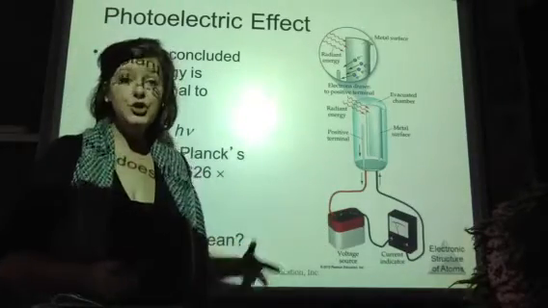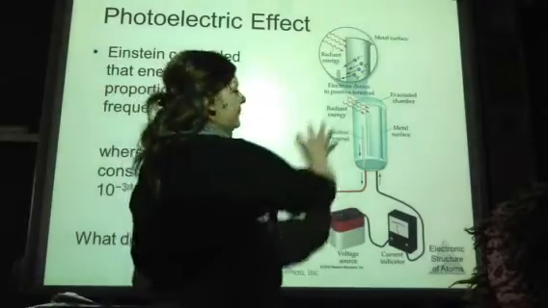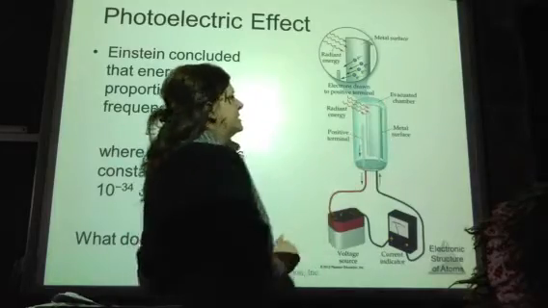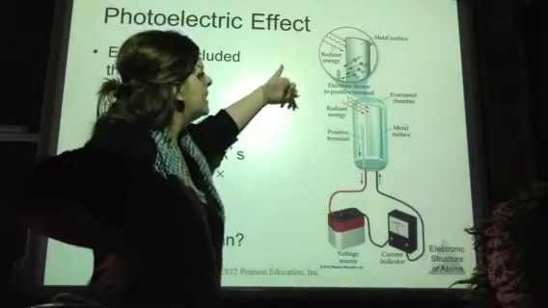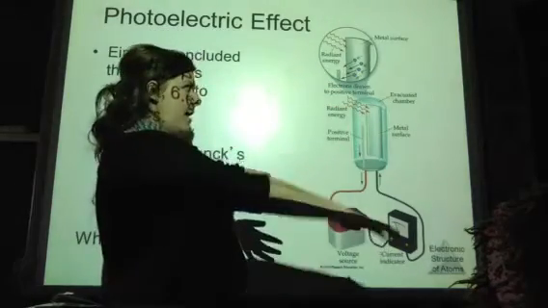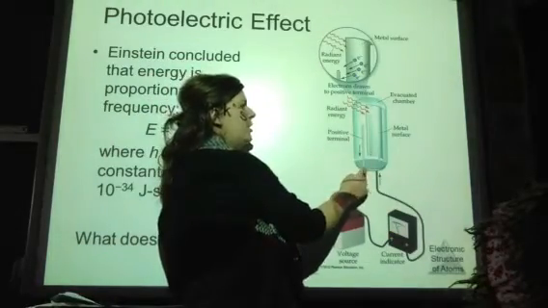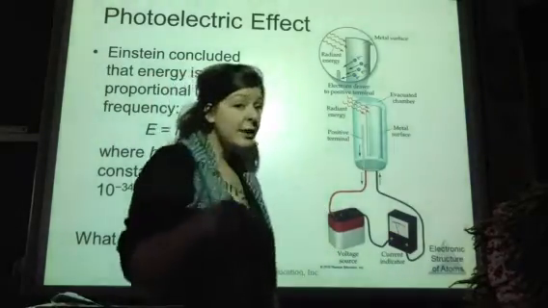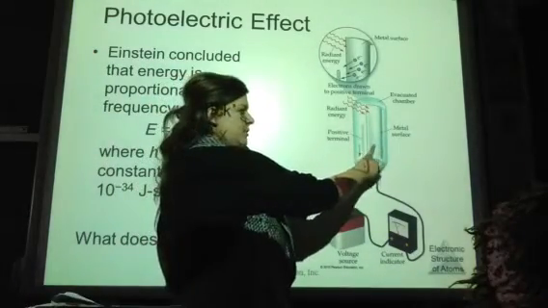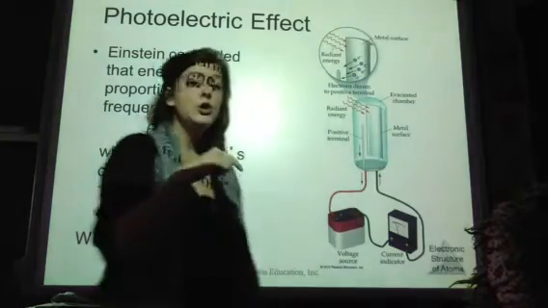And we can also do an experiment to show the photoelectric effect in a lab setting. I can have an evacuated tube or chamber with a clean metal surface, and some type of radiant energy that we strike that metal surface with. We have a positive terminal also in this evacuated chamber. If electrons are emitted from this metal surface, then those electrons will be attracted to that positive terminal.